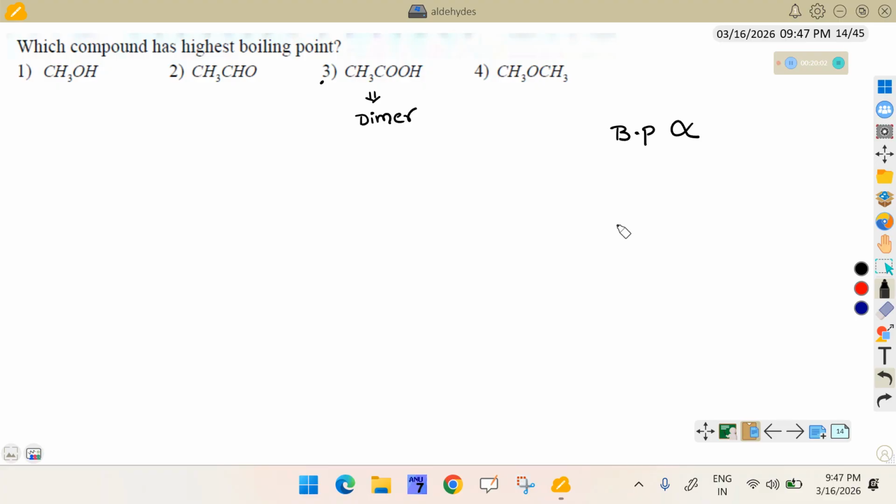Which compound has the highest boiling point? Generally, what we know is that boiling point is directly proportional to hydrogen bonding. Aldehydes do not form hydrogen bonds. Ethers do not form hydrogen bonds. Alcohols are able to form hydrogen bonds. Even carboxylic acid is also able to form hydrogen bonds.